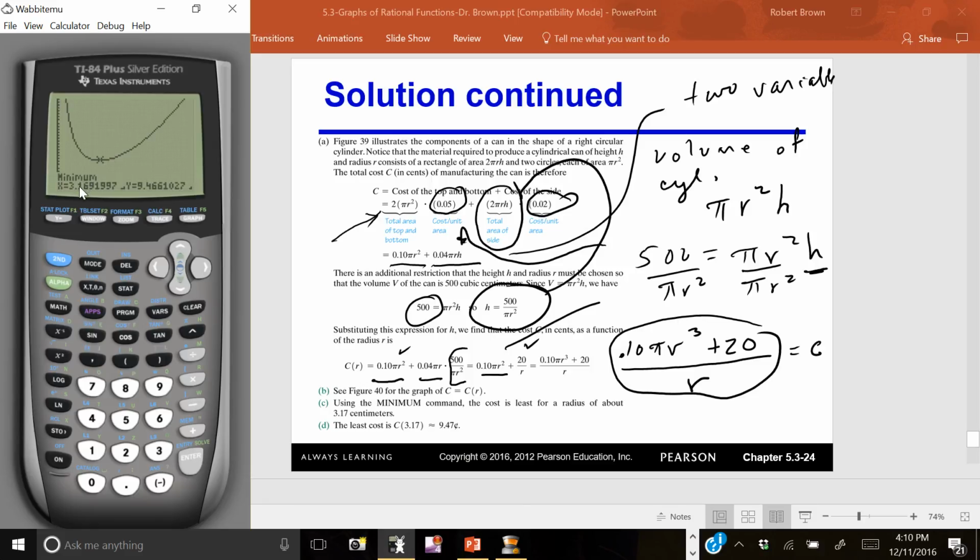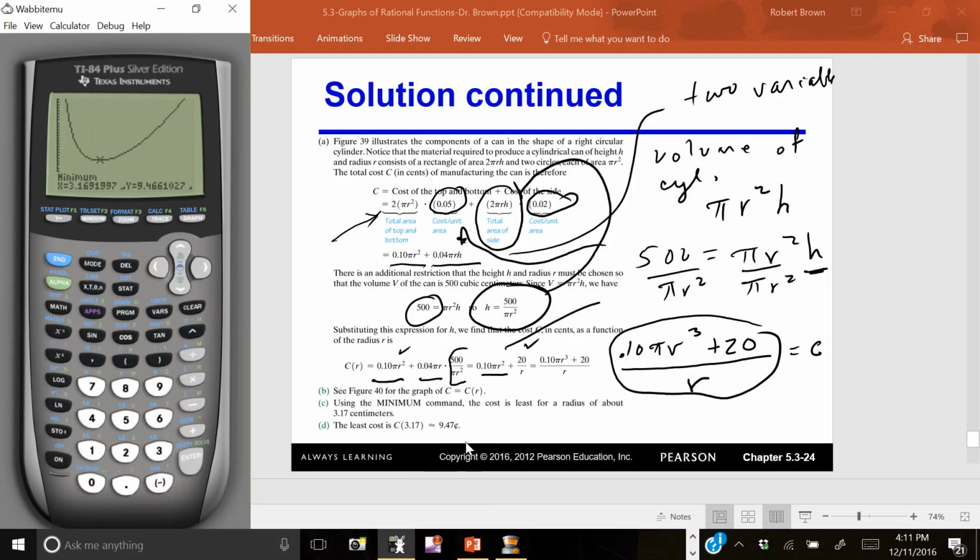And notice it tells us that the minimum radius, or the optimal radius, is 3.169, which I would round off to 3.17 centimeters. And the cost would be 9.47 cents.